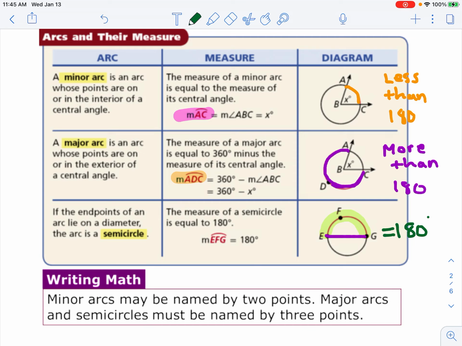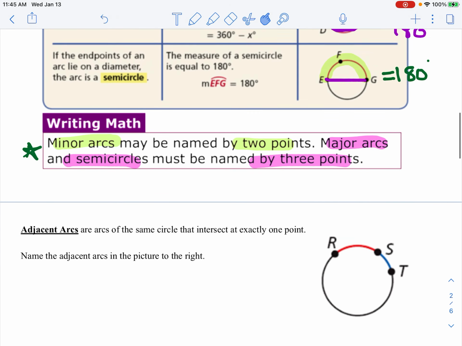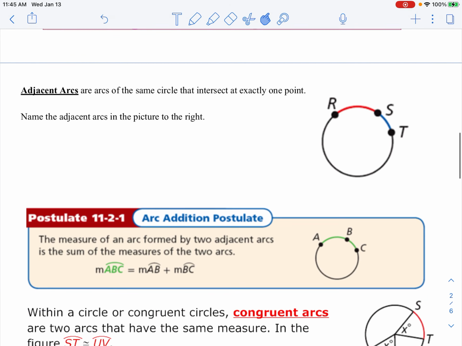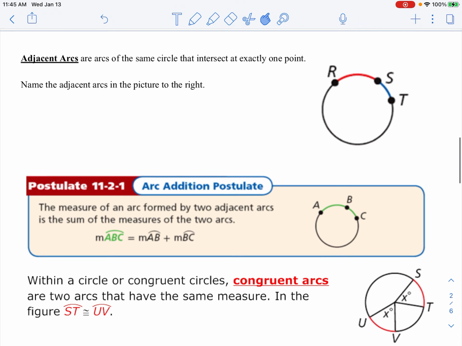This down here just restates what we set up above. Minor arcs use 2 points to name them, major arcs and semicircles use 3 points to label them. Let's look at some examples of this after we talk about one more thing.